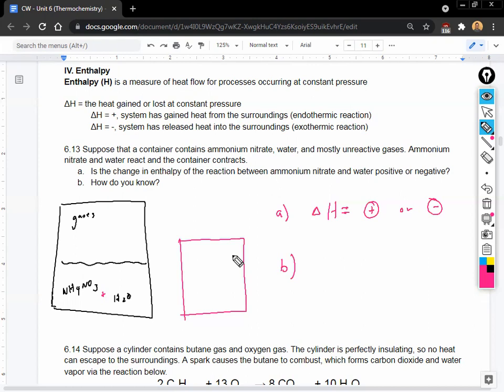So take about a minute. You can talk with the person around you. But did the system gain energy or lose energy if it got smaller? Another way to think about this is if you heat something up, does it get bigger or does it get smaller? And if you cool something, does it get bigger or does it get smaller?